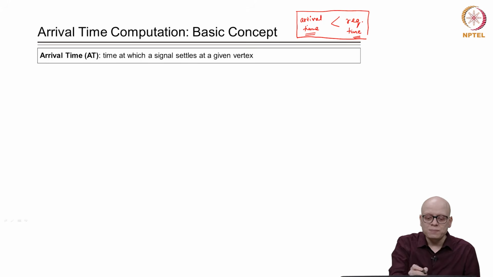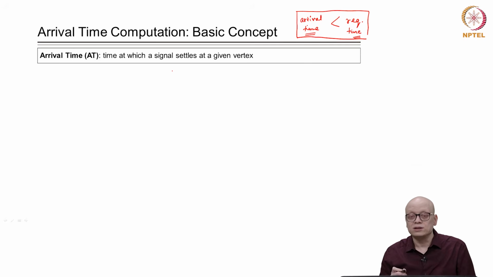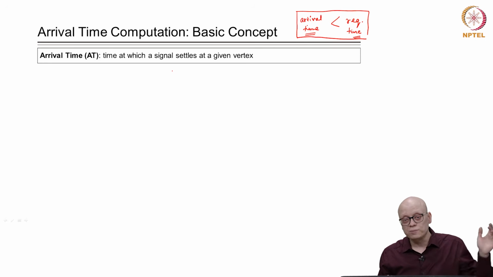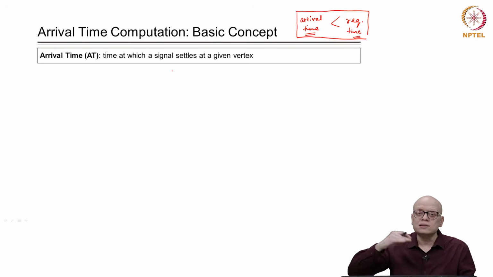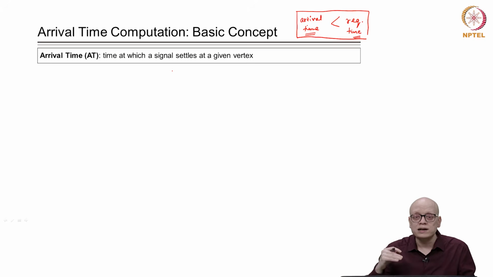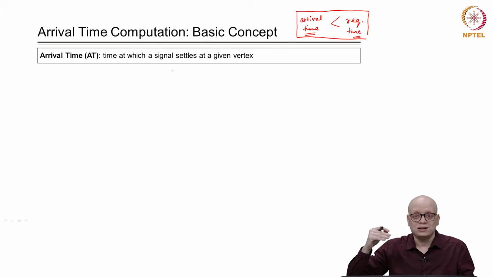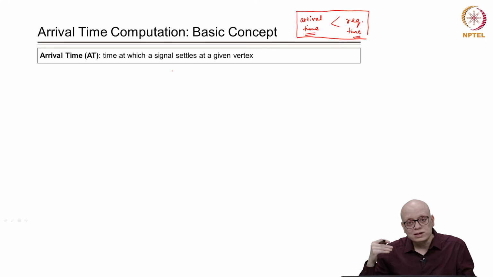So, arrival time is the time at which a signal settles at a given vertex. There is a vertex, and the signals will come from various paths, and the value at a given vertex can change. Now, the time at which the signal settles at a given vertex is known as the arrival time.